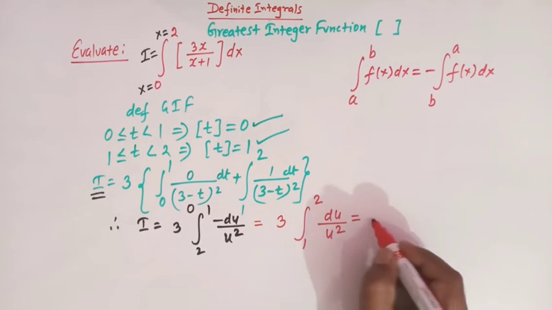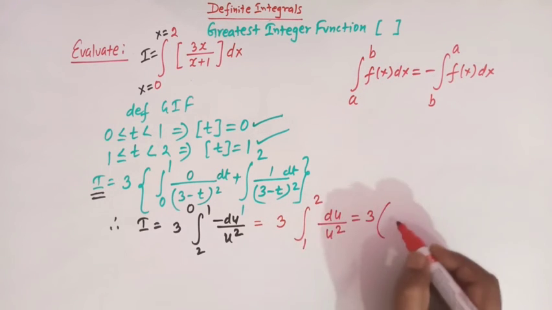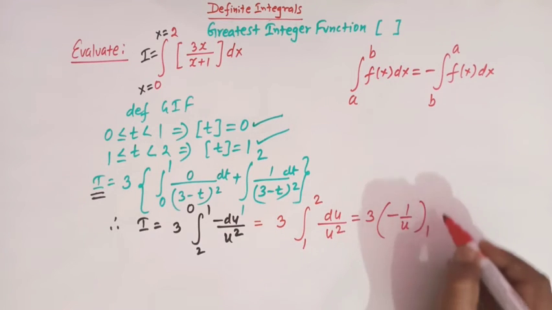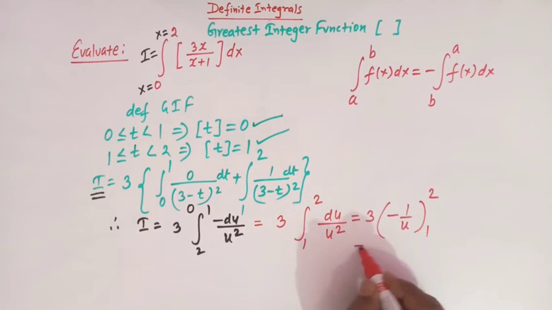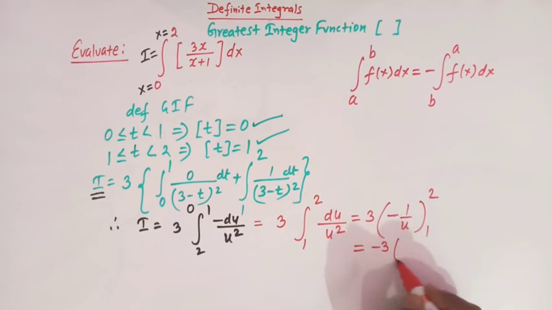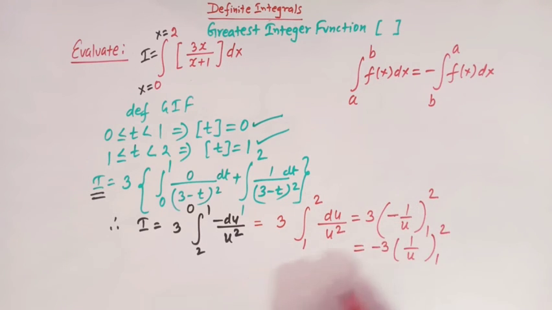So now we have 3 times the integral of 1 over u square, which is minus 1 over u, and the limits are from 1 to 2. We can take the negative sign outside, so we have minus 3 times 1 over u, with limits from 1 to 2.